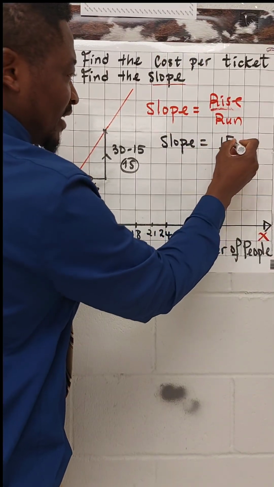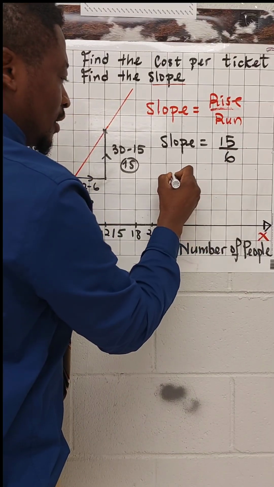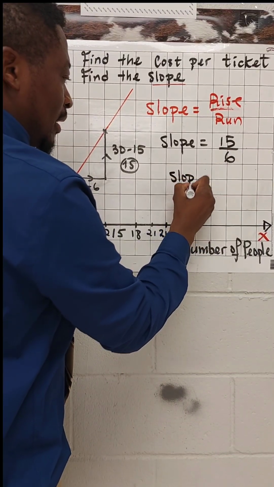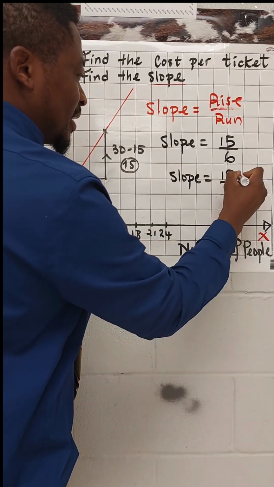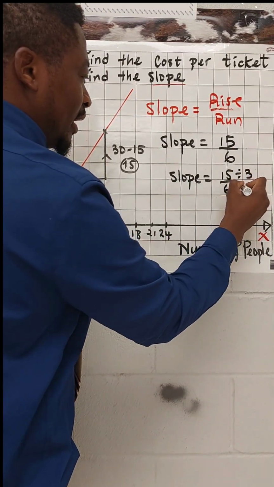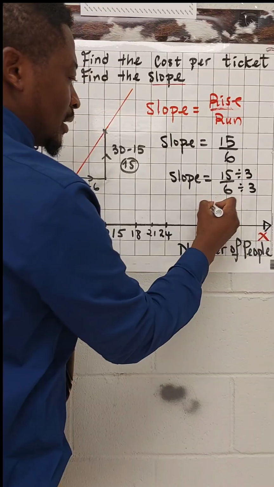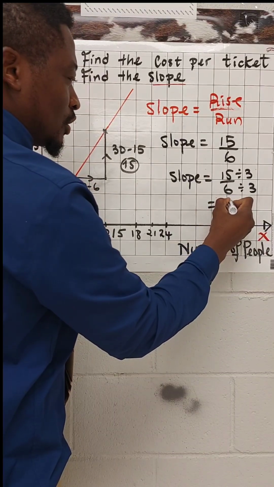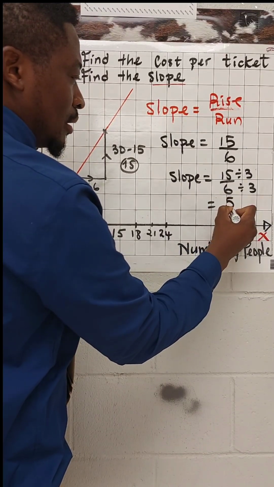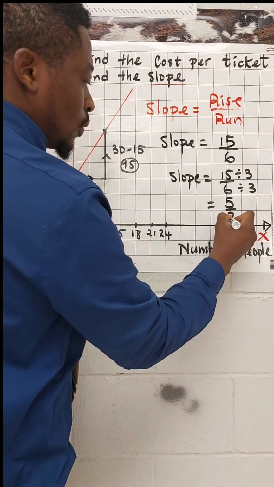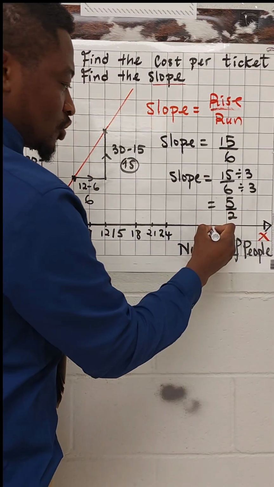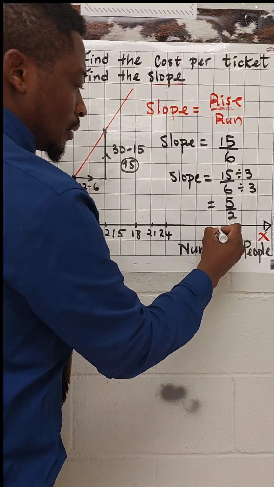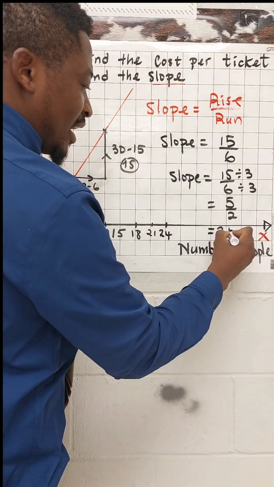So we can simplify this fraction of the slope being 15 divided by 6. We can divide here by 3 and divide here by 3. And that can simplify to a slope of 5 over 2. So 5 over 2 is the same as 2.5.